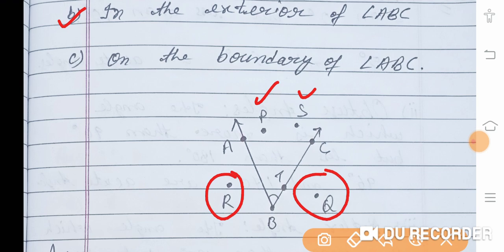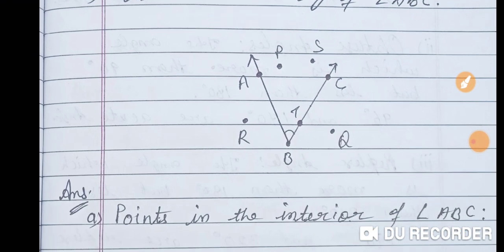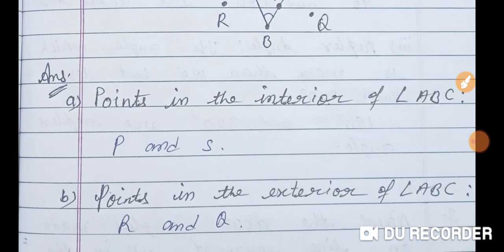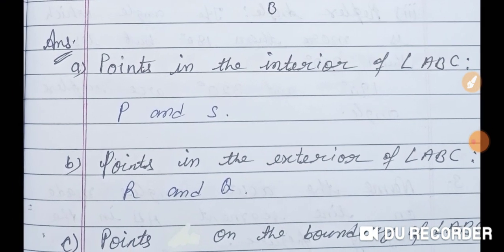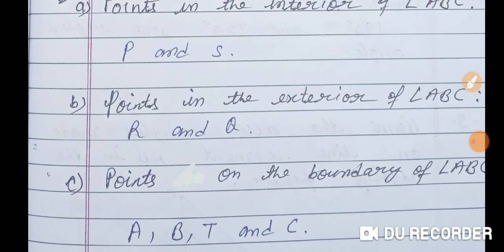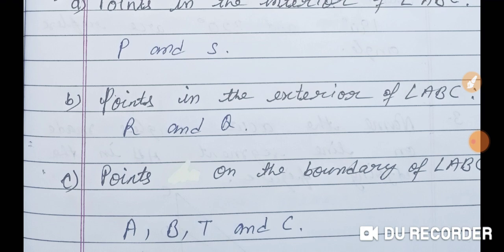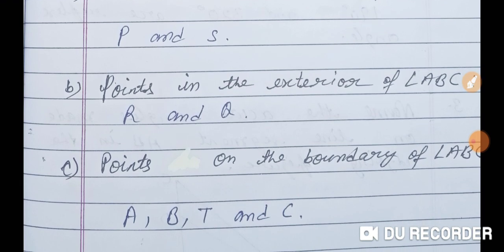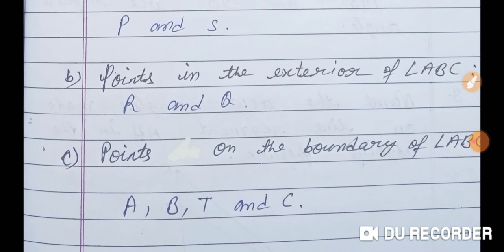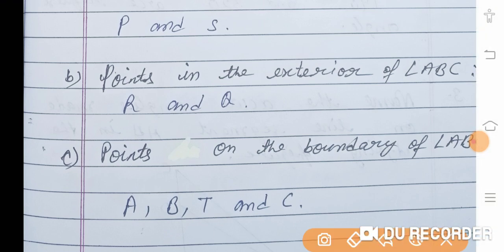See, on the boundary of angle ABC. Points in the interior of angle ABC are P and S, the points in the exterior of angle ABC are R and Q, and on the boundary of angle ABC, we can tell that these are points A, B, T and C. That is the boundary, meaning on the rays, that is on the arms.